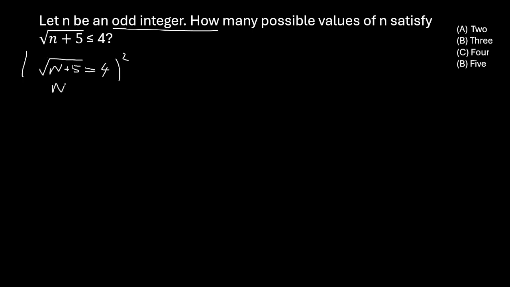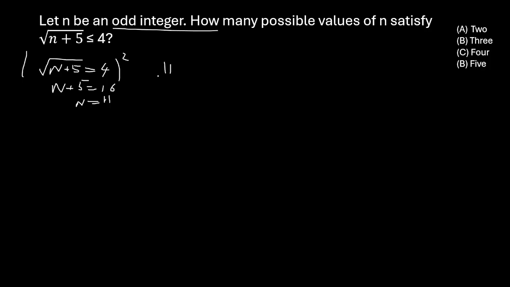These cancel. N plus 5 equals 4 squared, that's 16. Subtract 5, that's 11. So when n is 11, the square root of n plus 5 equals 4.